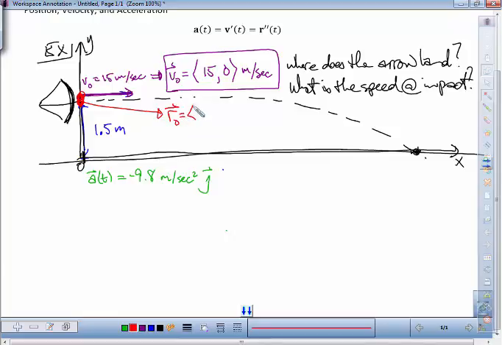And we can refer to it as a vector in standard position pointing to the point, but it's really a point. So where are we? What's our starting point? 0, comma what? 1.5. That was our height of that arrow as it took off.